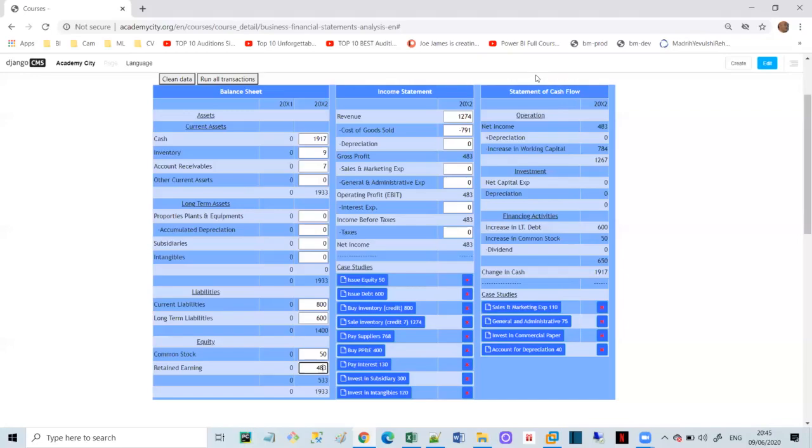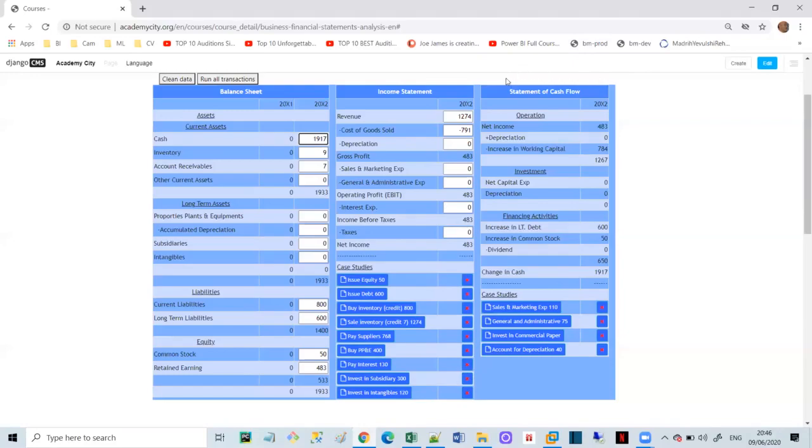And I want to pay attention also to the statement of cash flow. Let me just say that the purpose of the statement of cash flow is, one, to present how the cash has gone from zero to this number after those 4 transactions, for example, but we will eventually see all the other transactions.